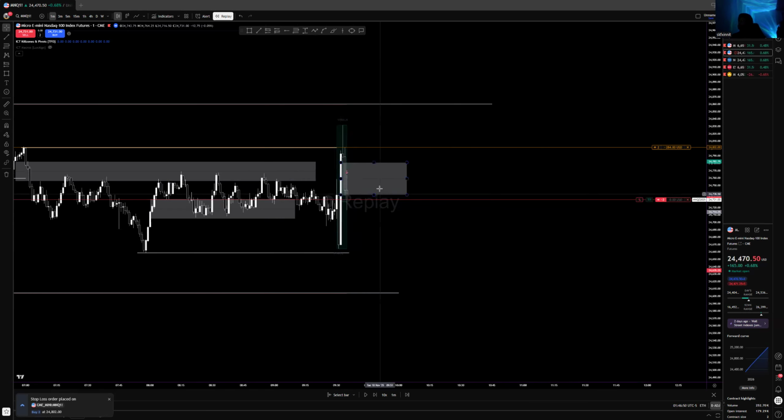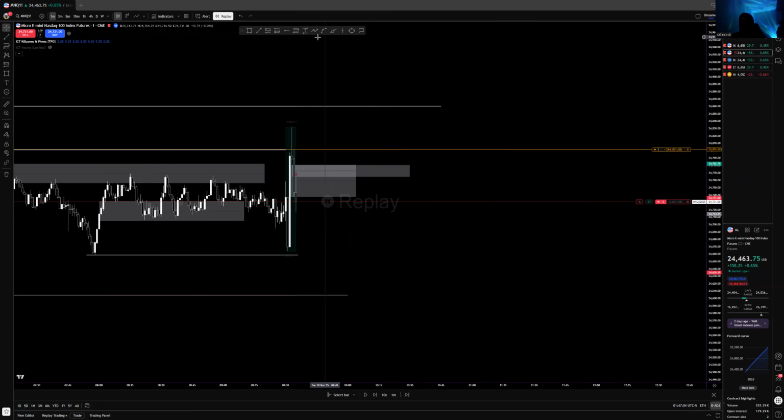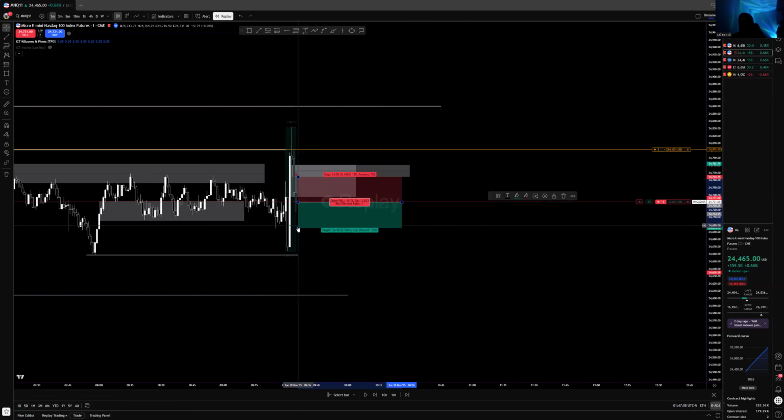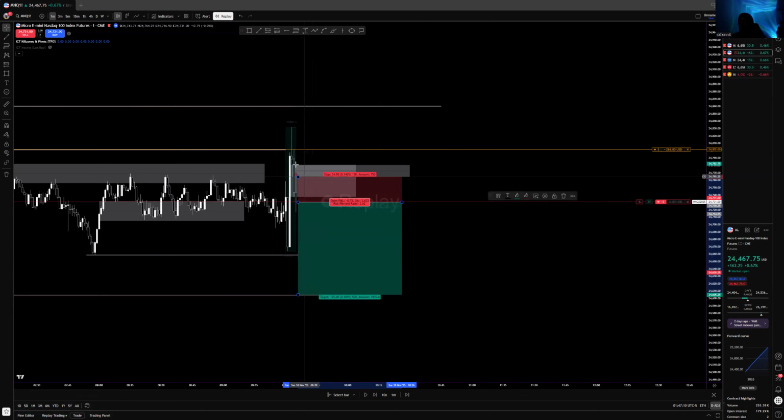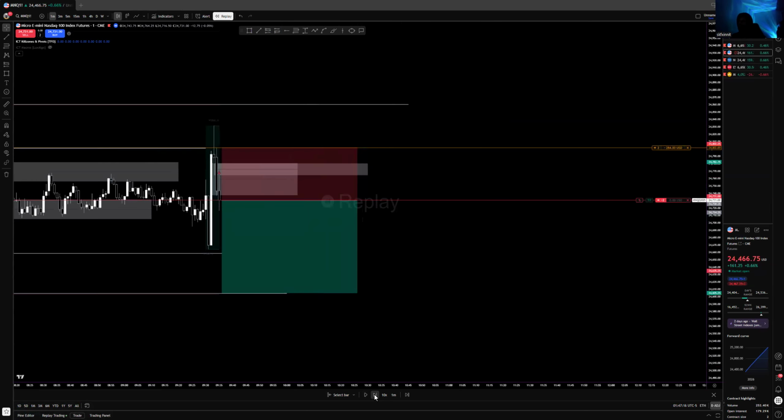Which means the price should not actually close above the midpoint of that 5 minute fair value gap. And if it happens, it's most probably gonna hit this high. So I'm gonna target London lows, stop is going to be there. You might experience a little bit of drawdown, but it's for the good.